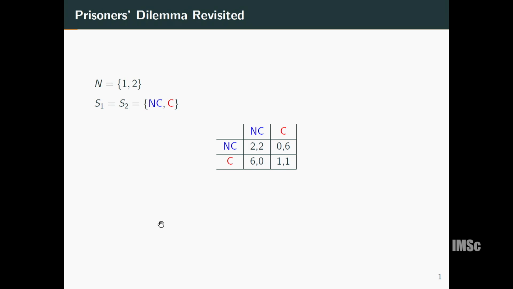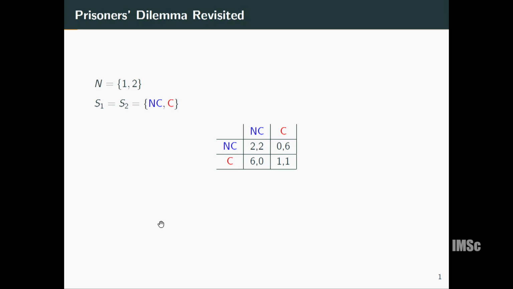If the person who is not confessing and the other person confesses, the confessing person gets the utility of 6, whereas the non-confessing person gets the utility of 0, right? I have converted everything to utility, but the idea is the same.